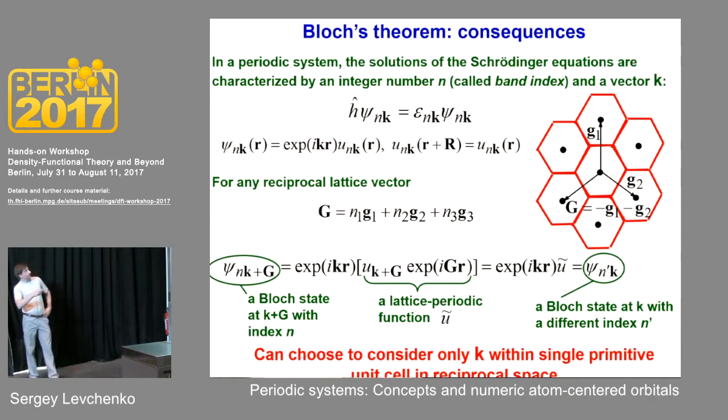Then, if we consider the wave function at k point k plus G, by an easy transformation we can see that it should correspond to a wave function maybe with a different band index, but the same k point. So this means that in principle, we do not have to consider the whole k space. We can just consider one unit cell in the reciprocal space to describe the electronic structure of the system.